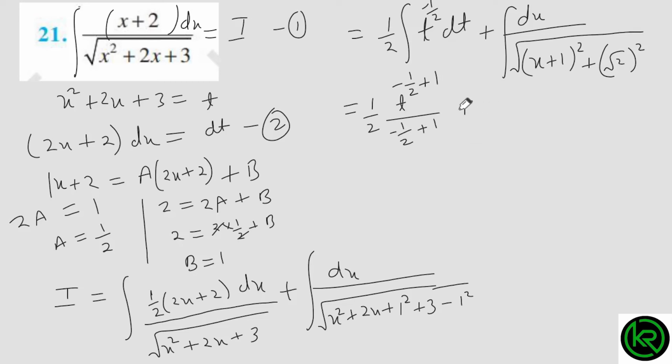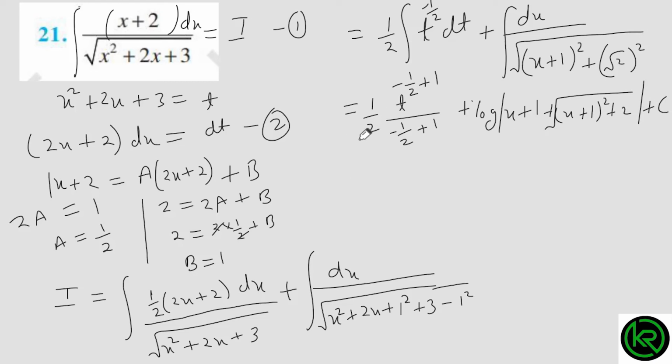And here students, the formula is: integration of dx upon under root x square plus a square is log of x plus 1 plus under root (x plus 1) whole square plus root 2 square, which is 2, plus c.